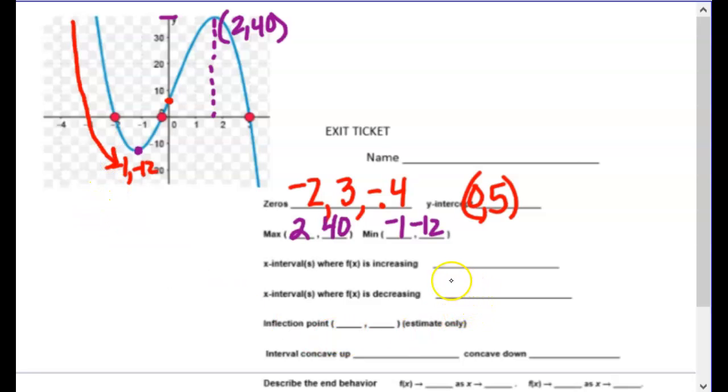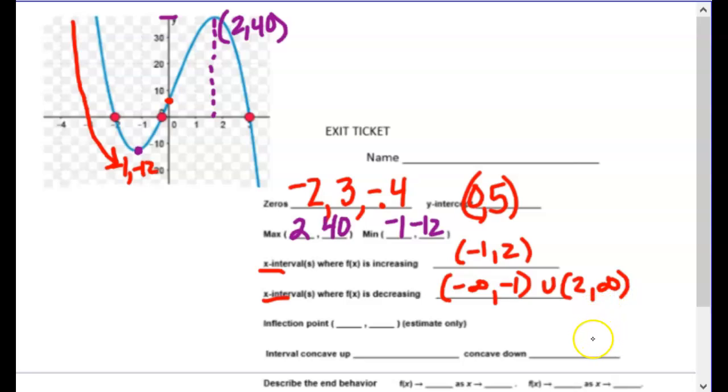Decreasing, because as we go left to right. So -infinity to -1. Remember, you're using x. I even put it here in the title of the section, x intervals, okay? Then it's increasing from -1 to 2. And then what? 2 to the right, it's going back down.